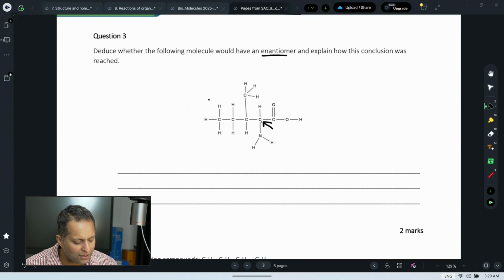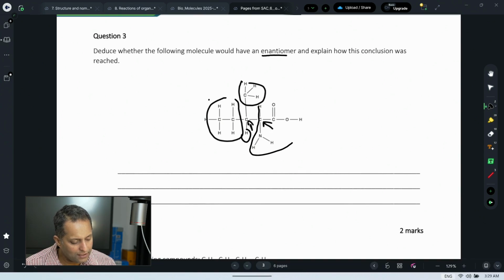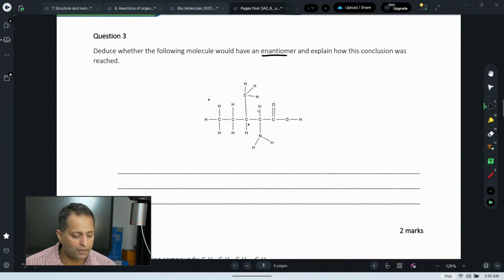Now, this molecule has got a chiral carbon, and this is also a chiral carbon. Why? These groups are totally different to each other. So a carbon which has been attached to four different groups, we call it a chiral carbon. Now this molecule has, as a matter of fact, two chiral carbons. This carbon is chiral, this carbon is chiral.